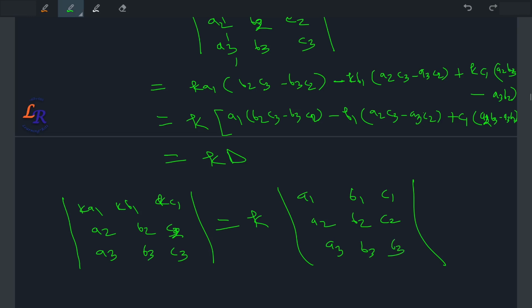So now remember, again we got a very interesting property here: in case of a matrix, when we multiply a matrix with some constant, it gets multiplied with each element in the matrix, right? But in case of a determinant, if any row is multiplied with some constant, then it is multiplied with the whole determinant.